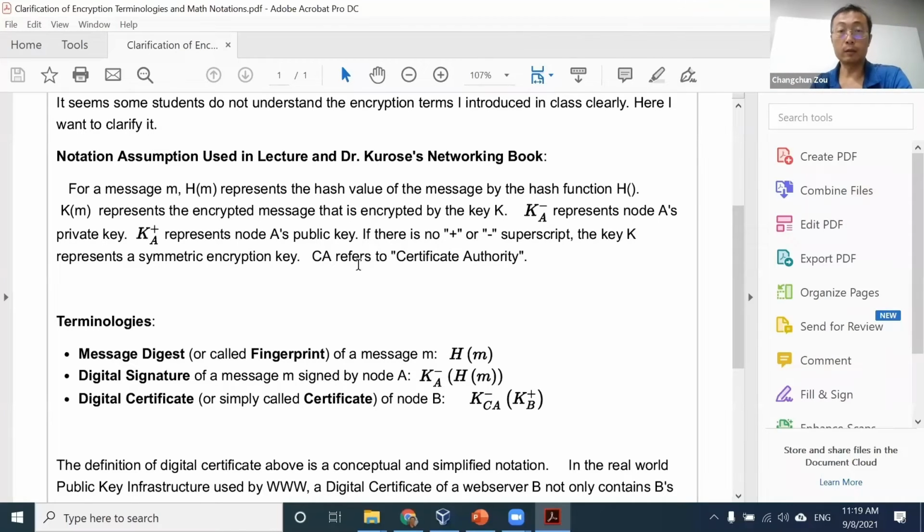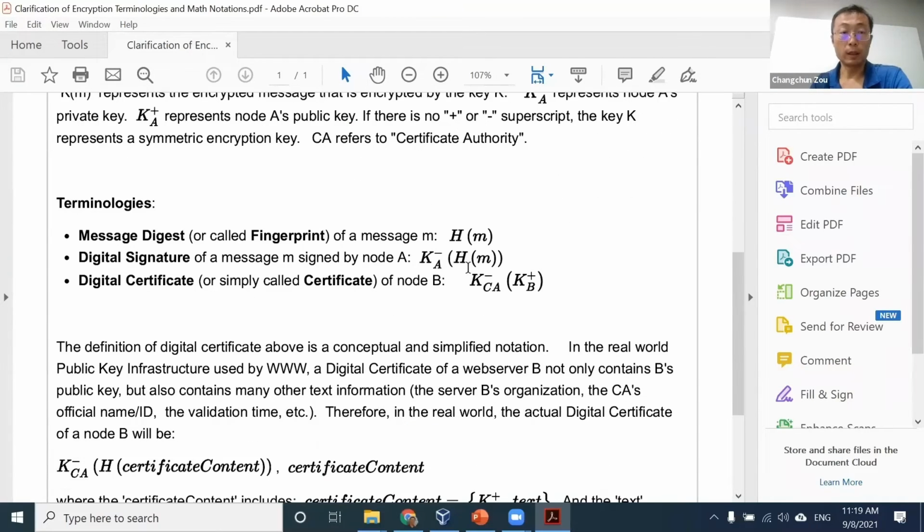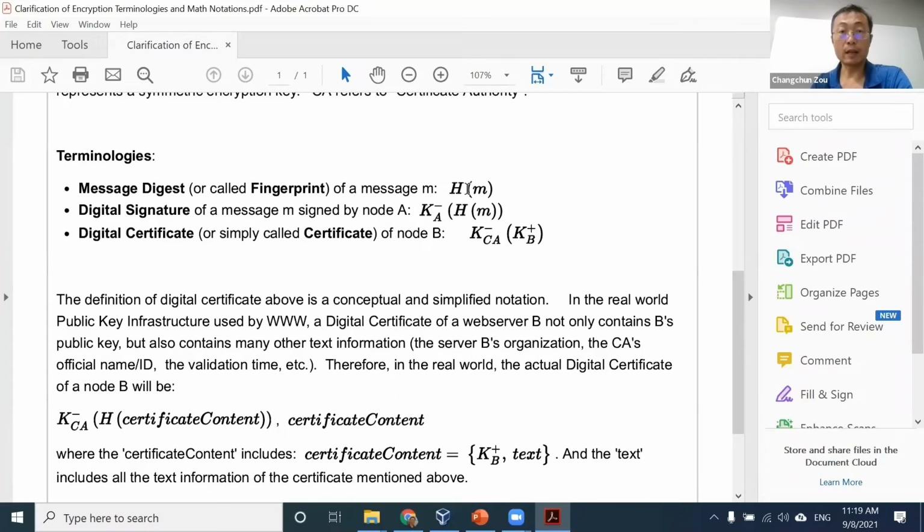And the CA refers to certificate authority. So message digest is H(m). Digital signature is this K_A minus of H(m). And digital certificate, or the so-called certificate of node B, is node B's public key encrypted by the CA's private key.